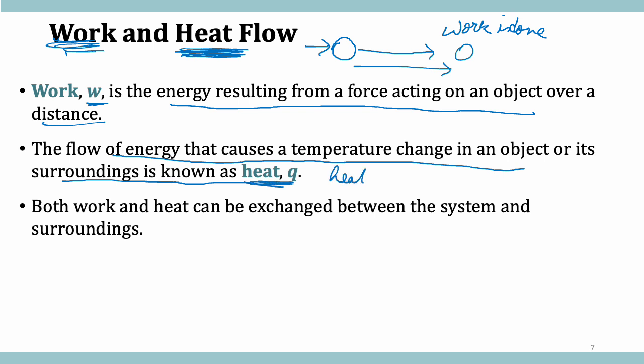Heat is given by the letter Q. Remember that. Whenever you see Q in thermochemistry, we are talking about heat. So the 2 ways energy is exchanged between the system and surroundings are work and heat.